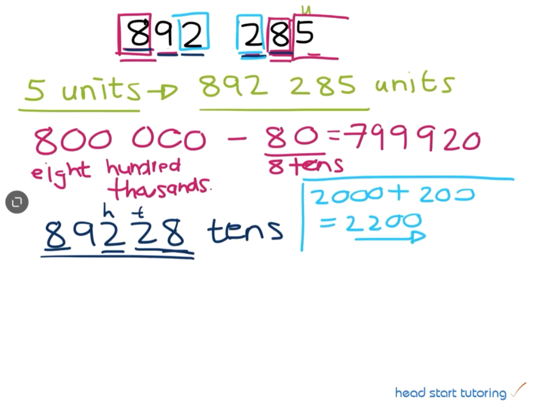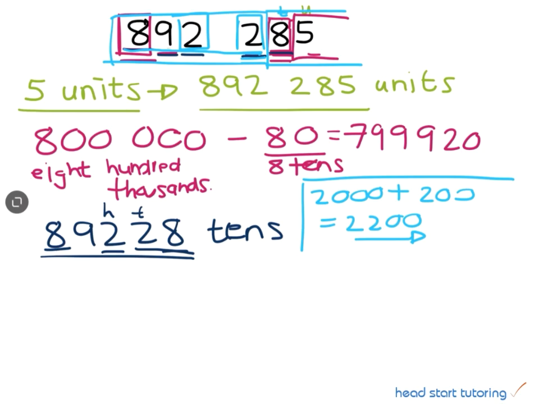Right. And if we were asked how many hundreds are there in this number, again it would be everything before the hundreds column. So your answer would be 8,922 hundreds in this number, because there are no full hundreds in any of our tens or any of our units.